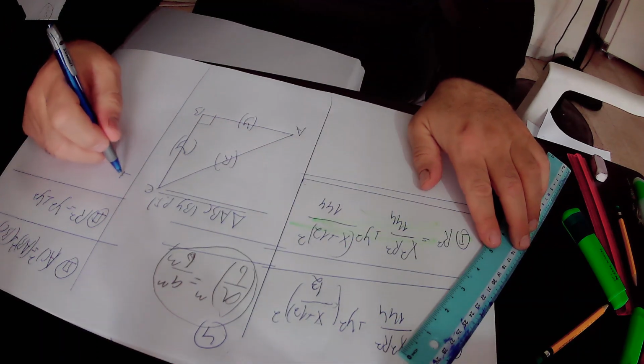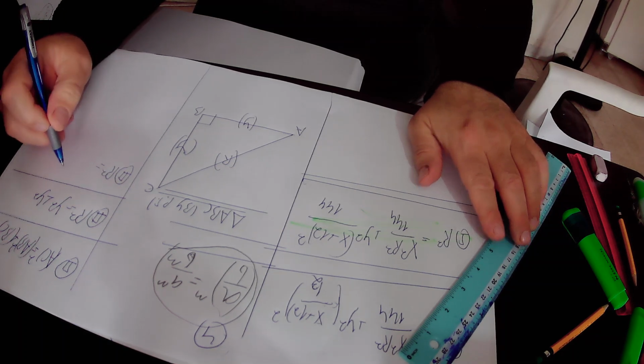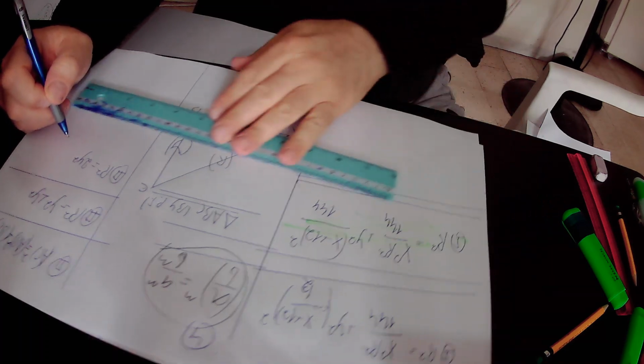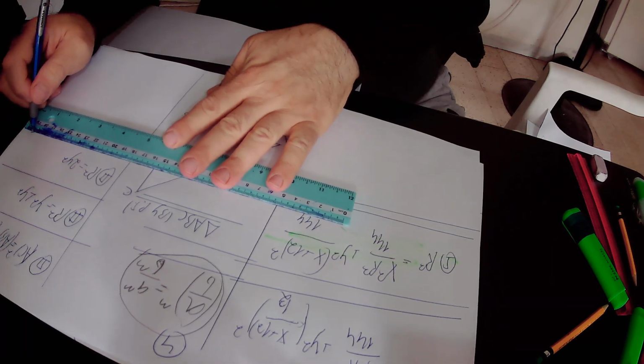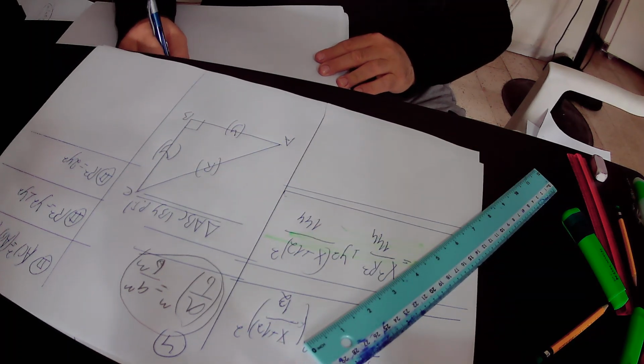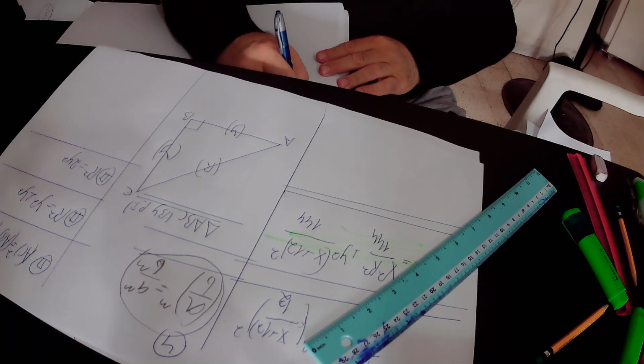So we found out that according to equation 2, R square equals y square plus y square, which is 2y square. So according to equation 2, R square equals 2y square.